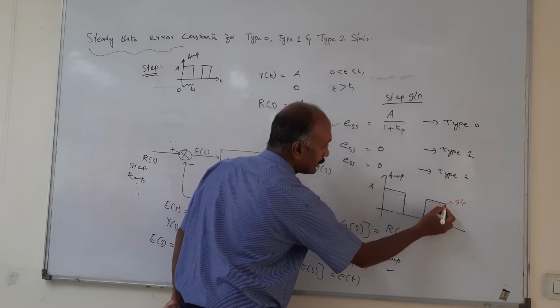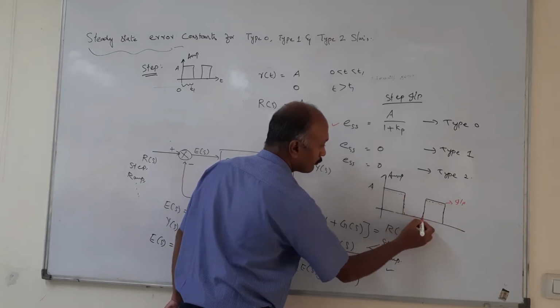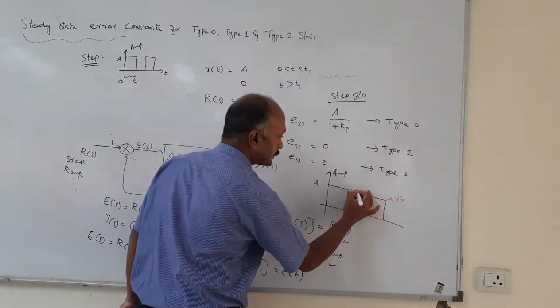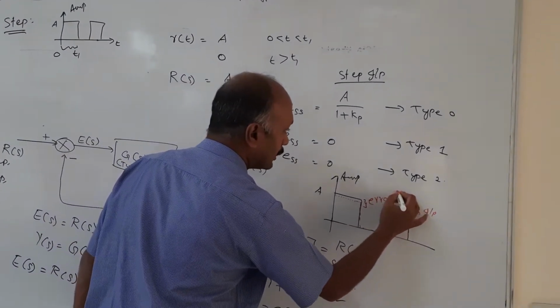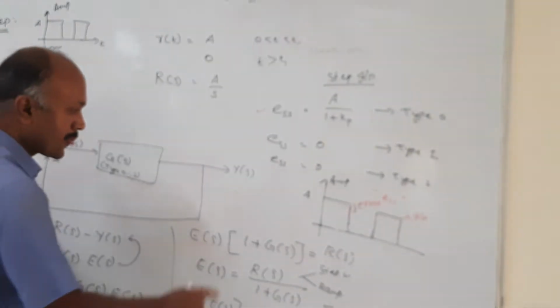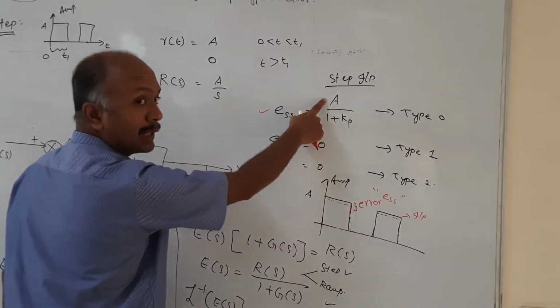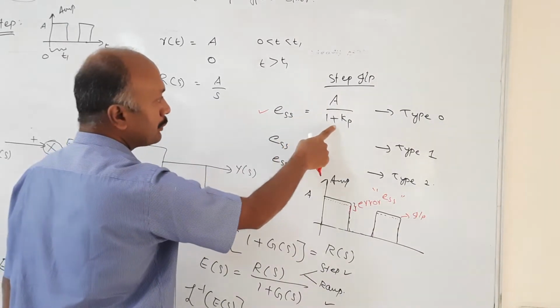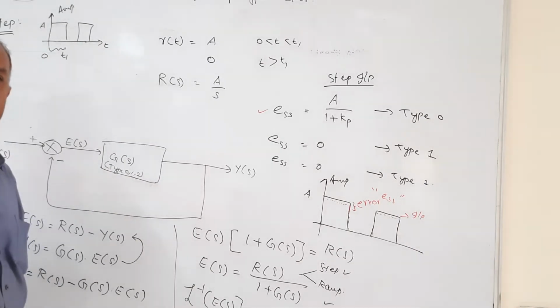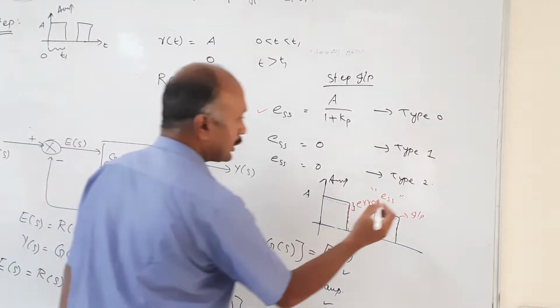And this particular value is called the steady state error ESS, which is equivalent to A, that is the amplitude, upon 1 plus Kp, the constant factor for the type 0 system. Now this is for type 0.